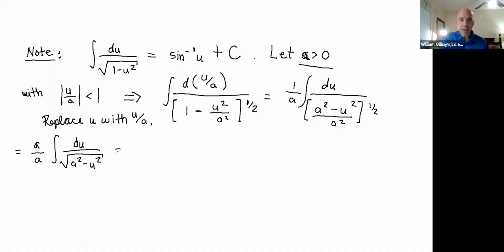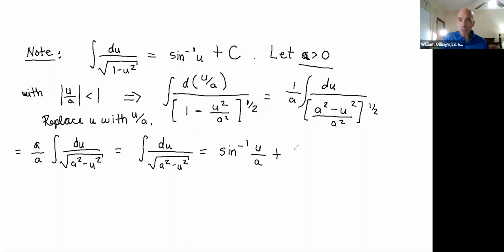So the a's absorb, so we just get the integral of du over the square root of a squared minus u squared. And of course, now on the right-hand side, we just replace the u with u/a, and we're done. So this turned out to be pretty easy. But again, all this work to make it more user-friendly extends the use of the formula.